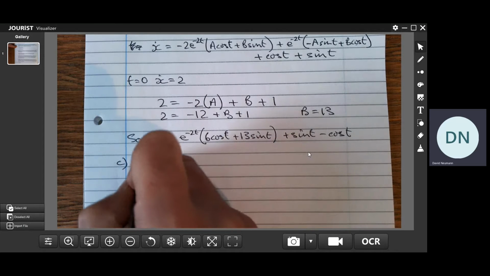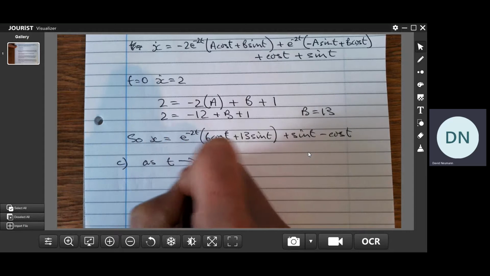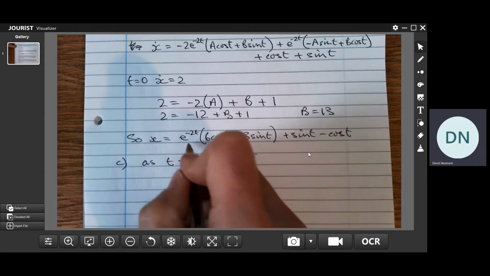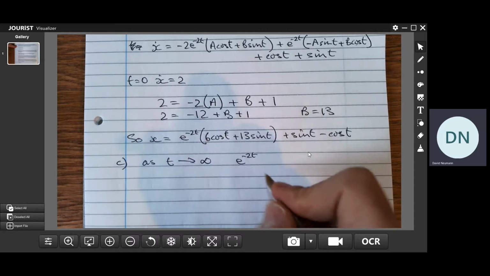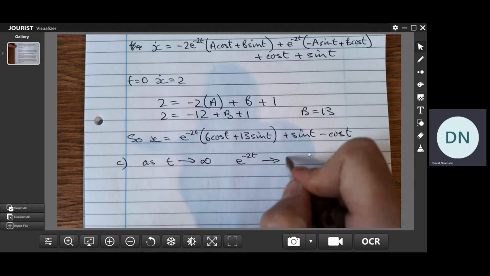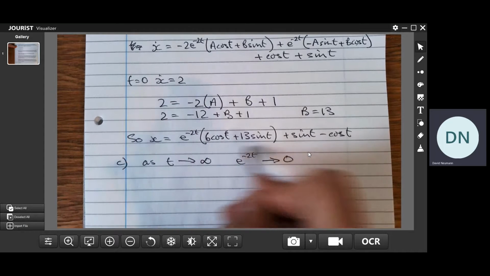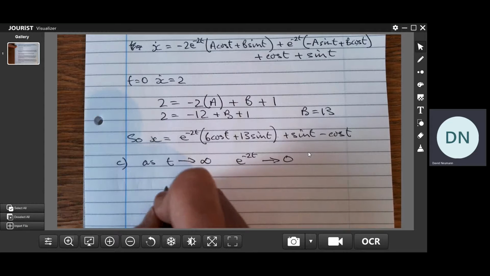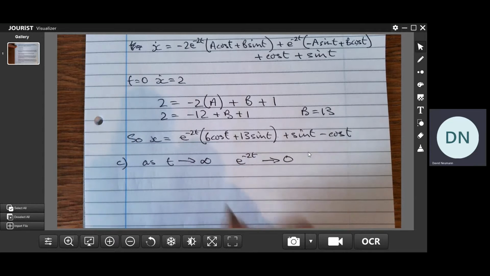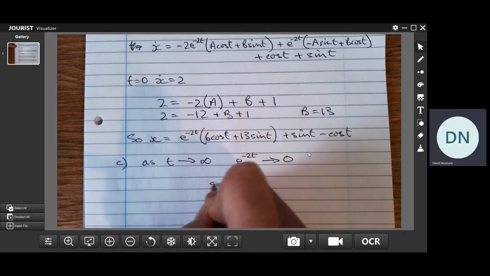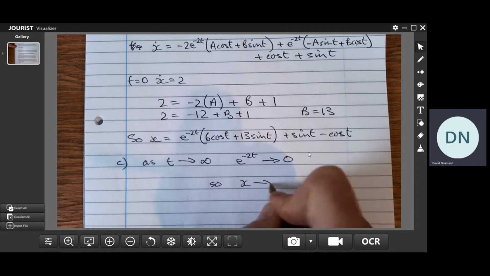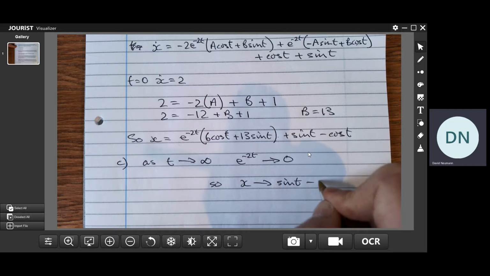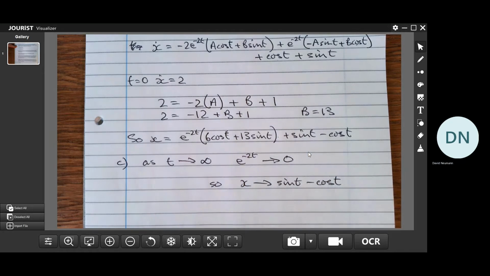So we can say as t tends to infinity, e to the minus 2t, so this term here is going to tend to 0. So this whole term will tend to 0, and x tends to sine t minus cos t.